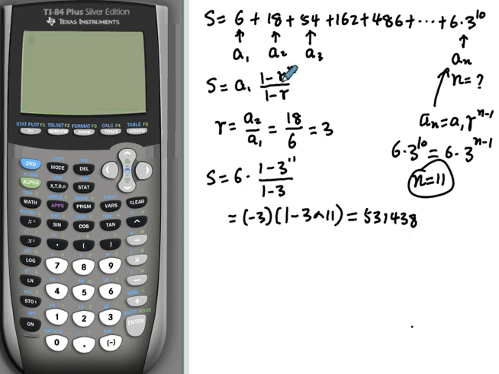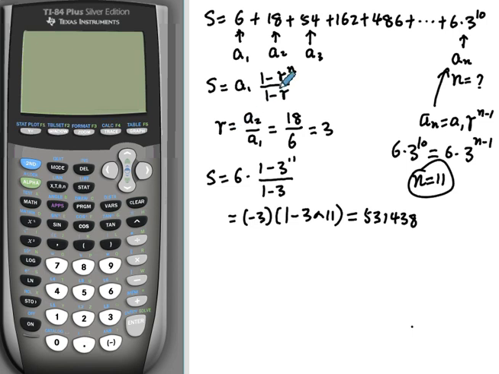And the common ratio r is also easy to find because we can take any two consecutive terms. Here it's easy to do the first term and the second term. The following term, 18, divided by the previous term, 6, we then get 3. So 3 will be the common ratio.